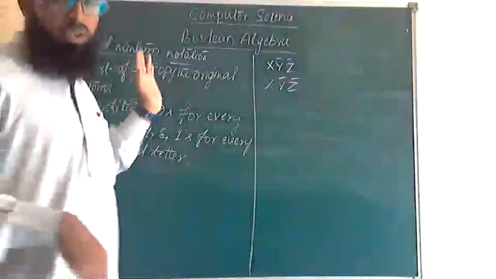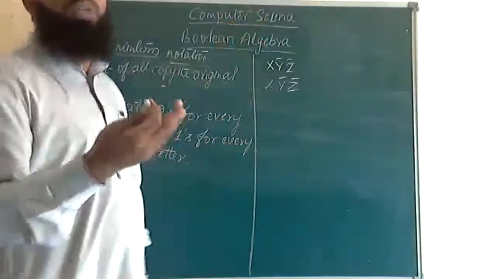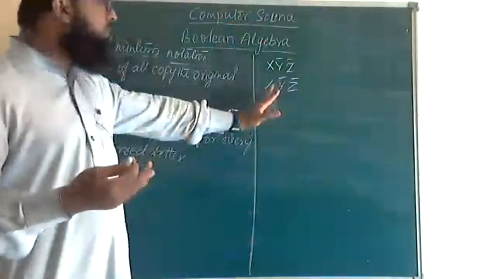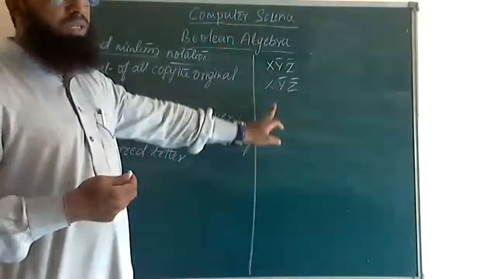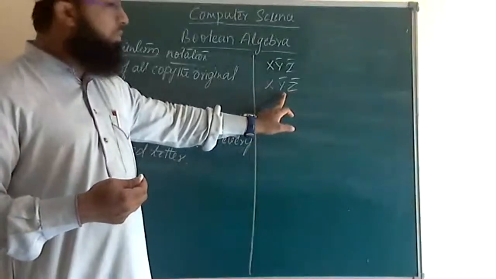As you already know about min terms, how can we express a min term? We can express a min term by writing 1 in place of an unbarred item and 0 in place of a barred item. Barred means complemented.